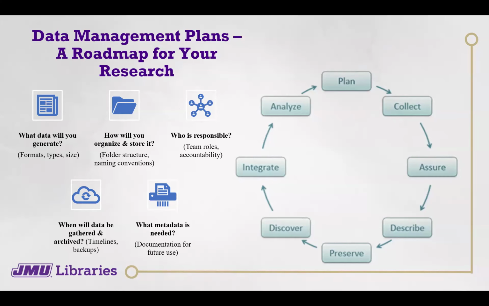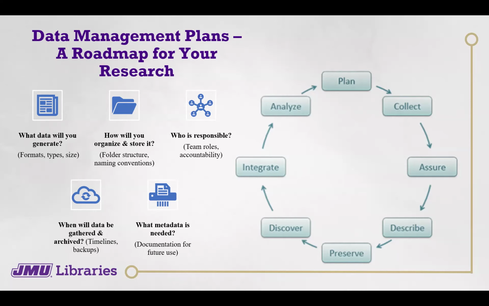When you're thinking of your DMP as your research roadmap, you'll want to think through a few questions. What kind of data will you generate? Will it be text files, images, spreadsheets? How big will it be? How will you organize and store it? What's your folder structure?